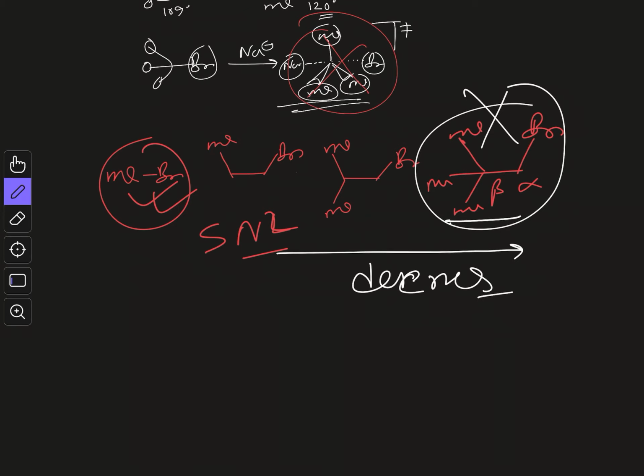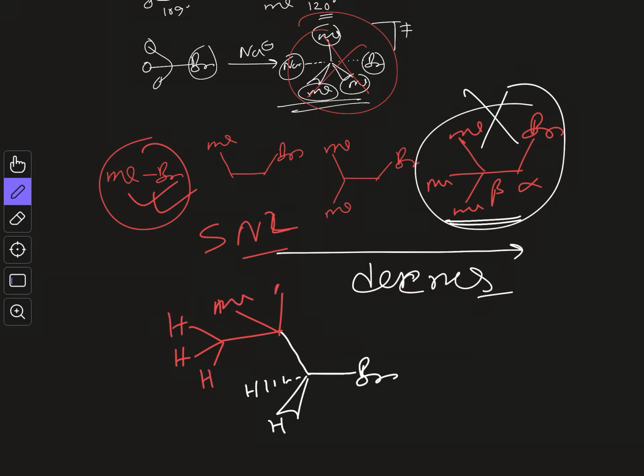Why is this such a bad situation? Because if you consider this one, and I write down the orbitals, this is our substrate and we have these 2 hydrogens over here, and now we have this crowded neopentyl group, all these methyls. And there you will have the LUMO of your molecule.